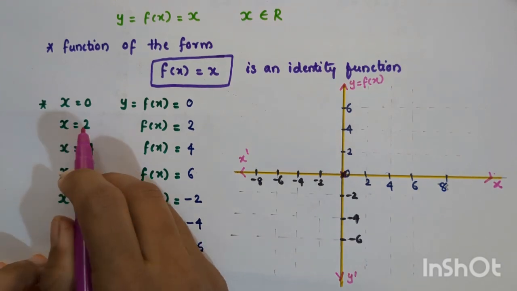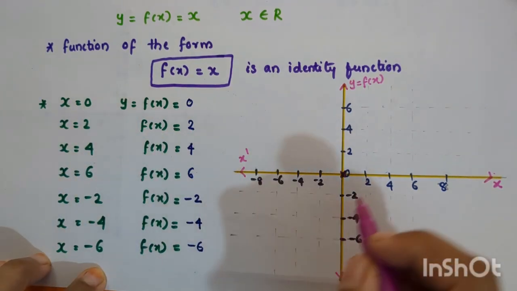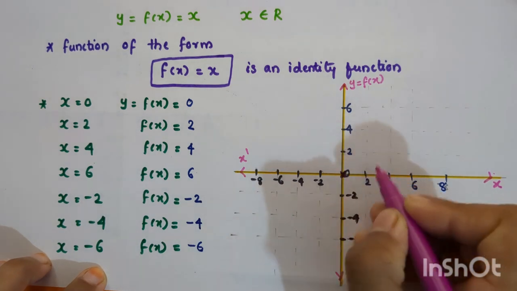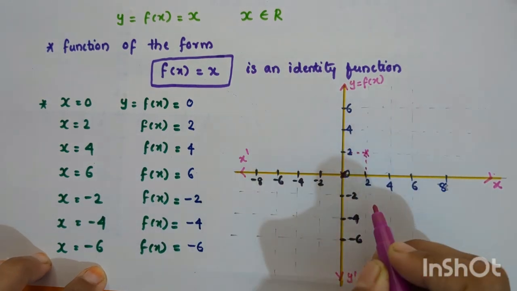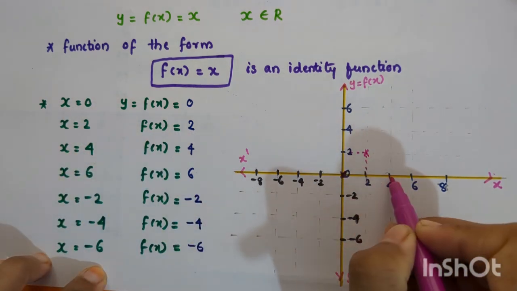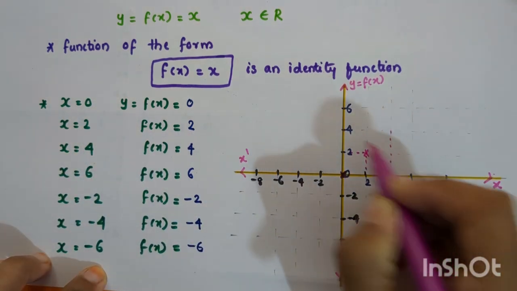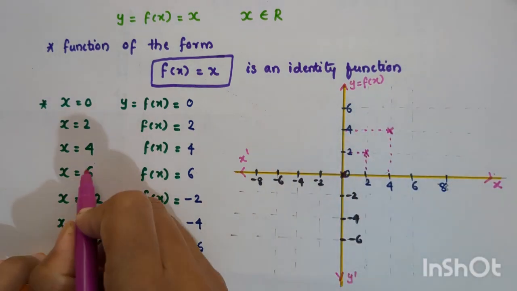Now, when x is equal to 2, we have f(x) as 2. f(x) means y. So, when x is 2, y is 2. So, (2, 2), you will get this point. When x is equal to 4, f(x) is 4. So, x value 4, y value also 4, you will get this point. Similarly, 6, 6.